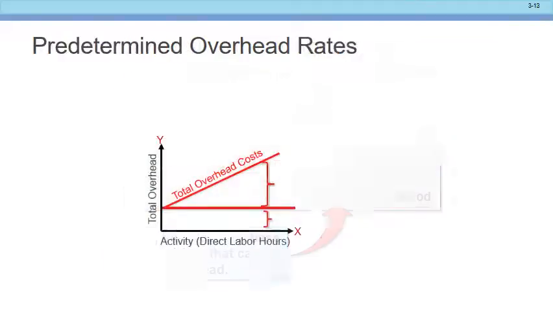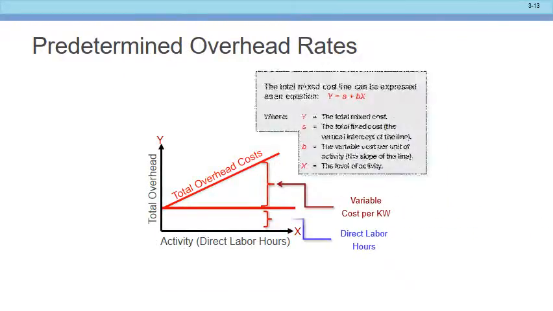Now, how will we come up with this estimated amount of predetermined manufacturing overhead? Essentially the numerator in that fraction that we just saw on the screen a minute ago.